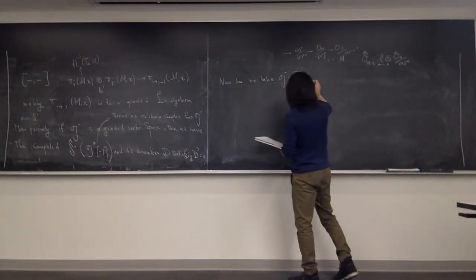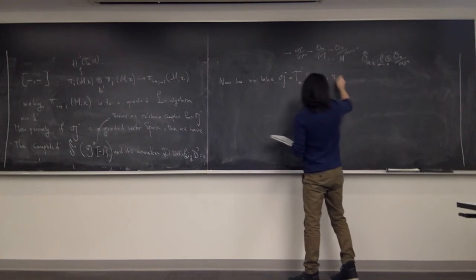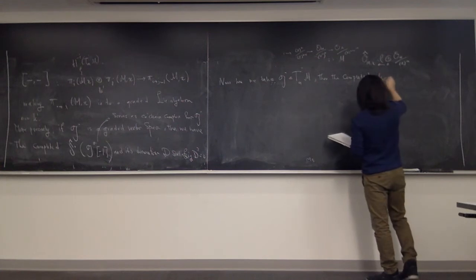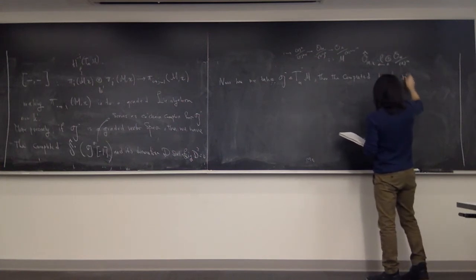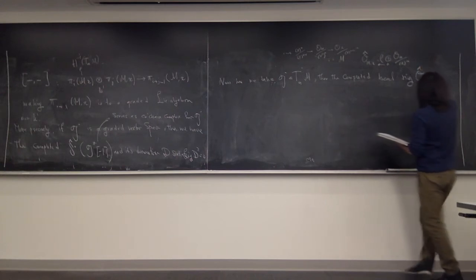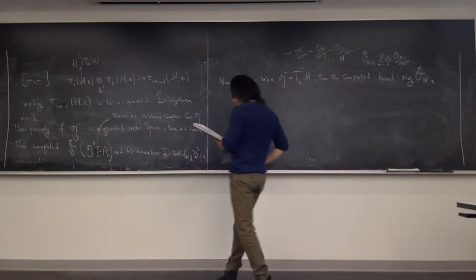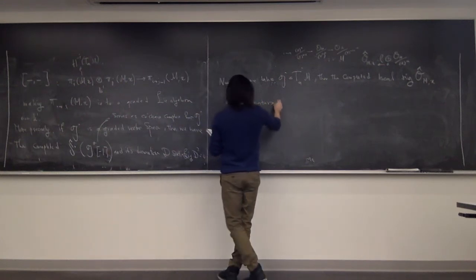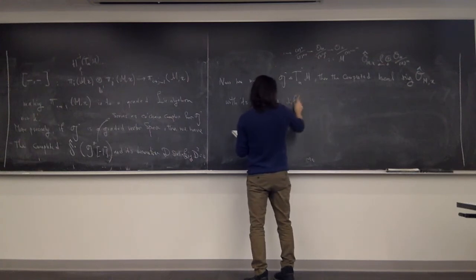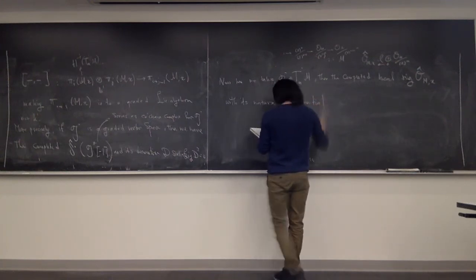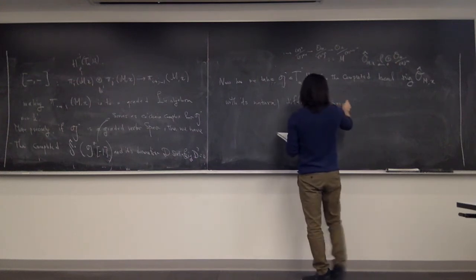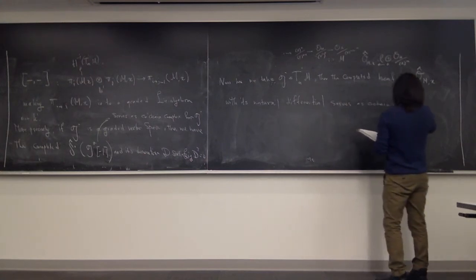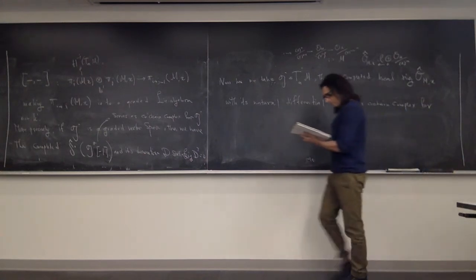And the completed local ring with its natural differential serves as the cochain complex for G dot.